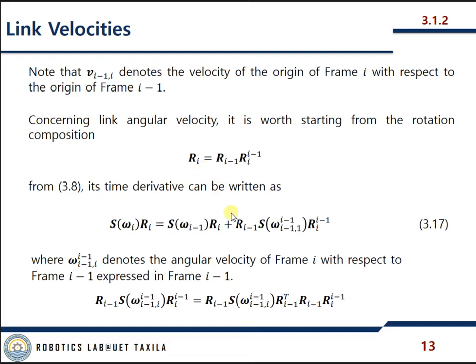So from 3.8, its time derivative can be written as S(omega) R. So this is going to be the time derivative, and it's going to be equal to S(omega_{i-1}) R_i, plus R_{i-1} S(omega_{i-1,i}) R_{i-1}. So this is going to be equal to R dot R.